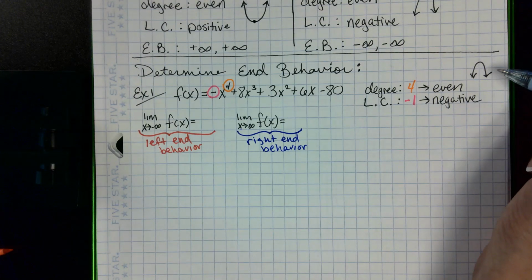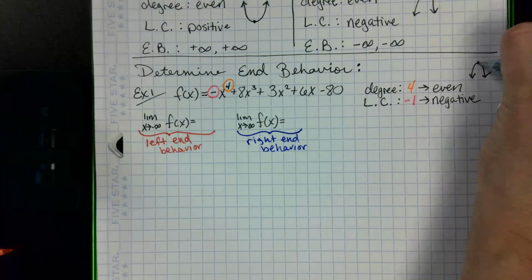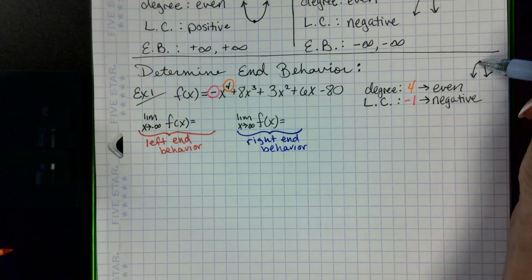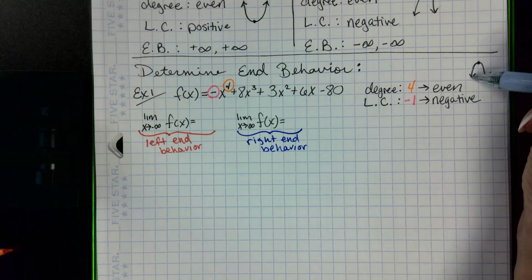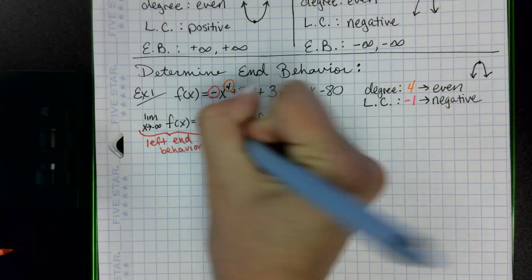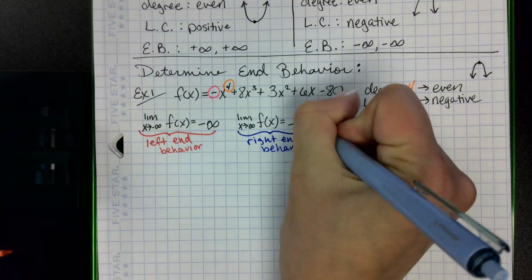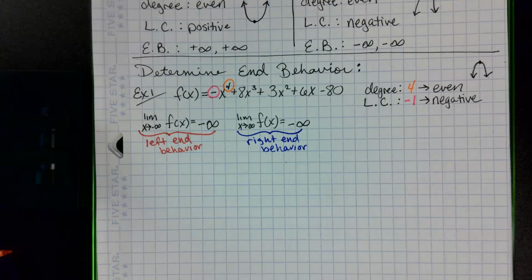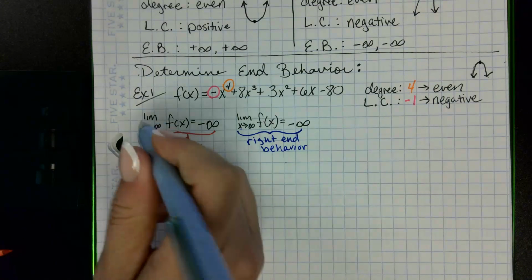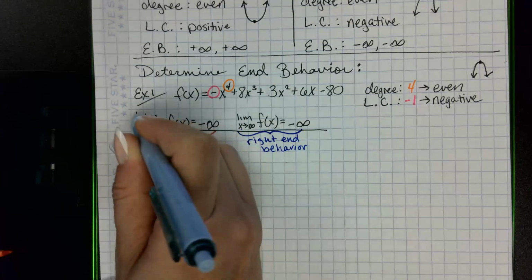So if we come over here to our quick sketch, since this is even negative from the origin, as x moves to the left, y is going down to negative infinity. As x moves to the right, y is going down to negative infinity. The even functions, they will be the same. But that is how I'm going to have you write your end behavior in limit notation.